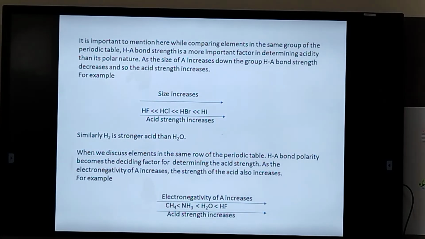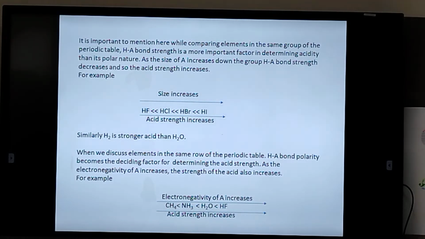It is important to mention here that while comparing elements in the same group of the periodic table, H-A bond strength is a more important factor in determining acidity than its polar nature.